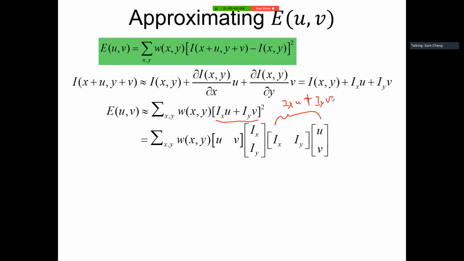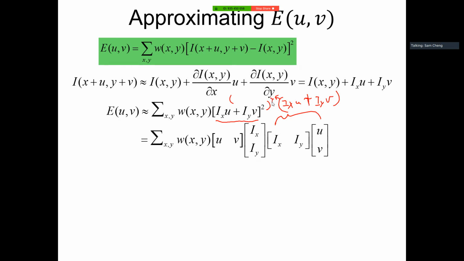But this thing is itself a vector, so this square here I can write as a transpose of this guy multiplied by the same thing.